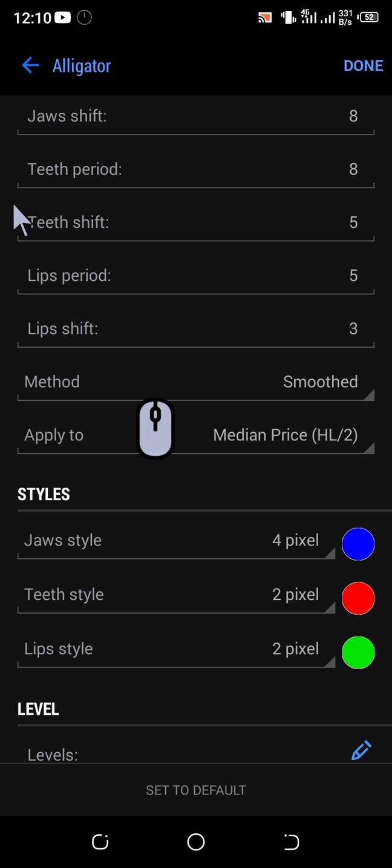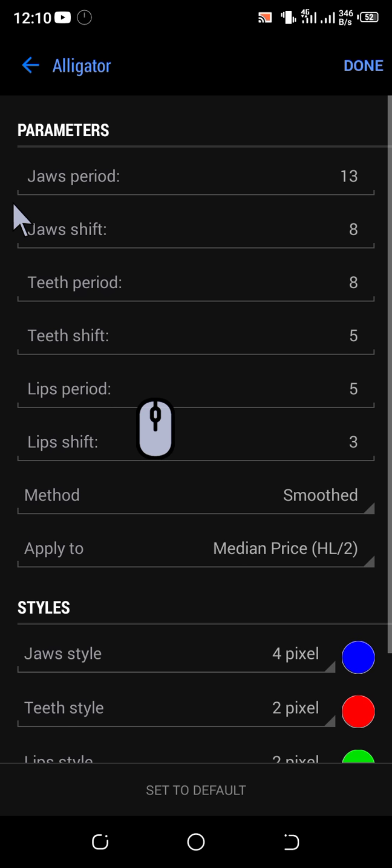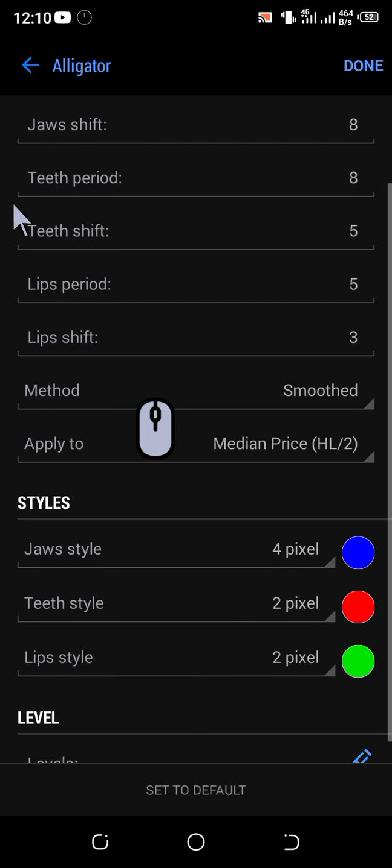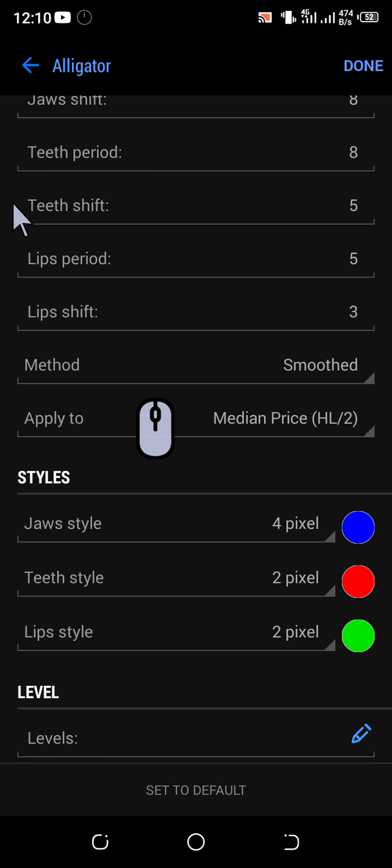This alligator is a very nice and powerful indicator. Set the jaws period to 13, the jaws shift to 8, the teeth period to 8, the teeth shift to 5, the lips period to 5, the lips shift to 3, then the method smoothed, then apply to the median price, high low divided by 2.